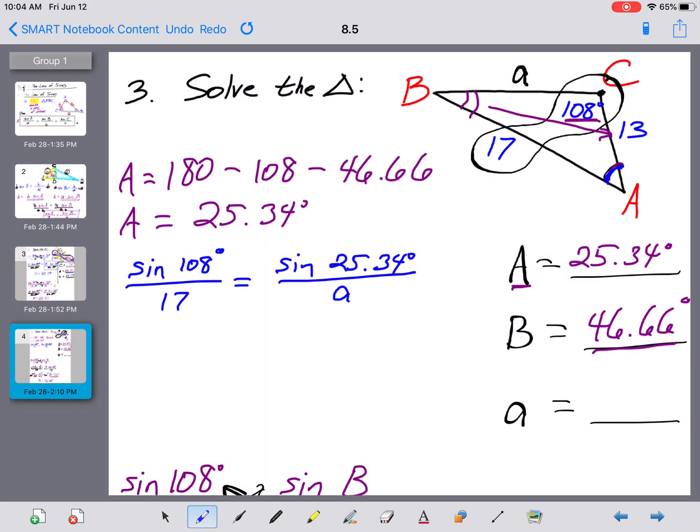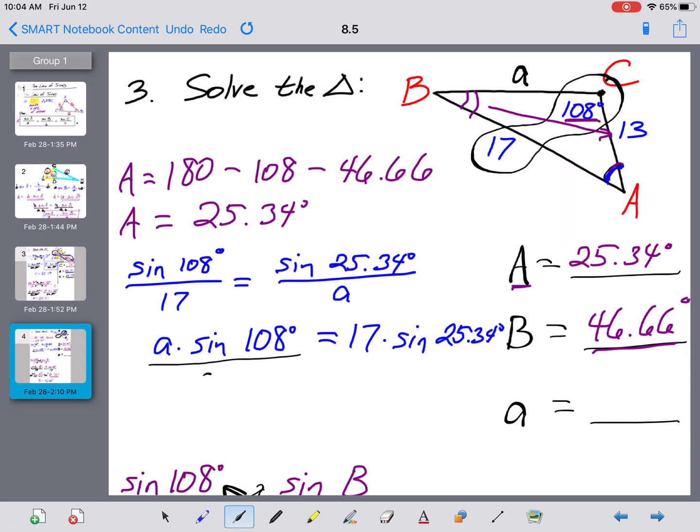And there's our proportion. So now we're going to cross multiply. The A gets multiplied by the sine of 108 degrees, and that equals 17 multiplied by the sine of 25.34 degrees. And to get A by itself, it's being multiplied right now by the sine of 108, so we're going to divide both sides by the sine of 108.